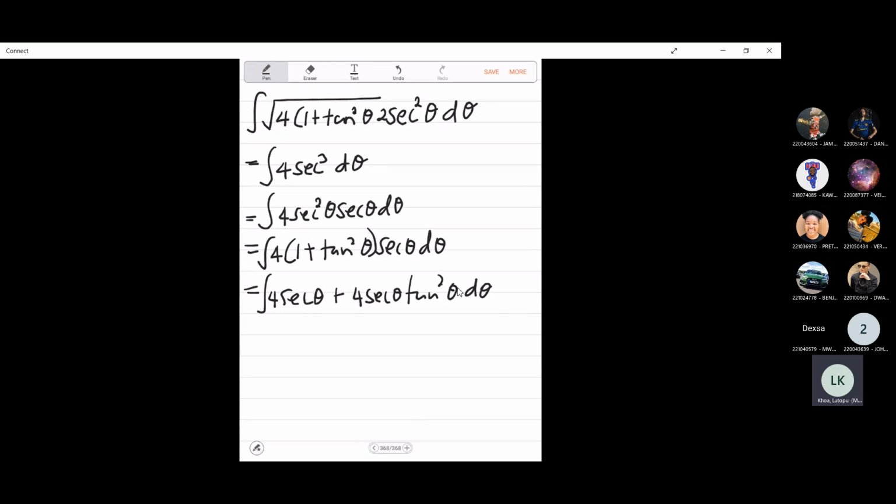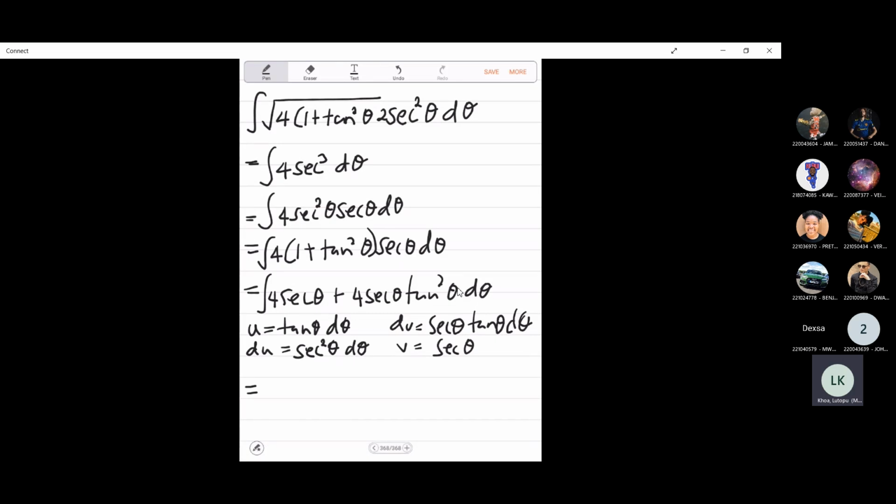This one we must use by parts. u is equal to tan theta, du is sec squared theta d theta, dv is sec theta tan theta d theta, v is sec theta.